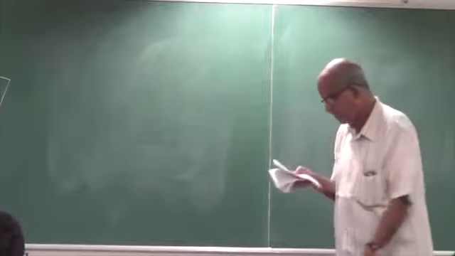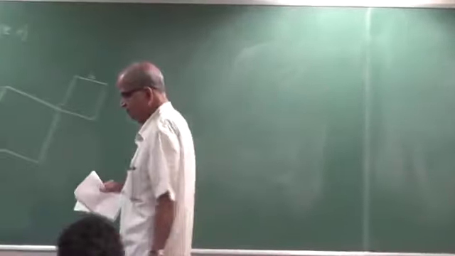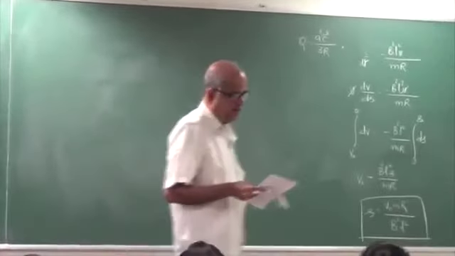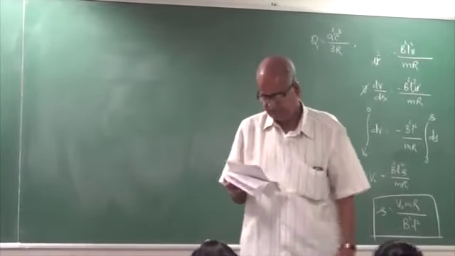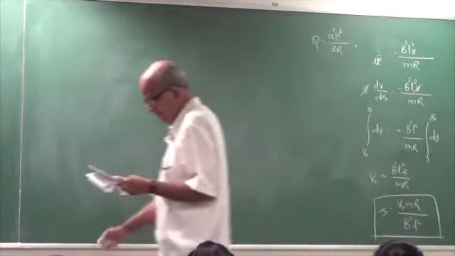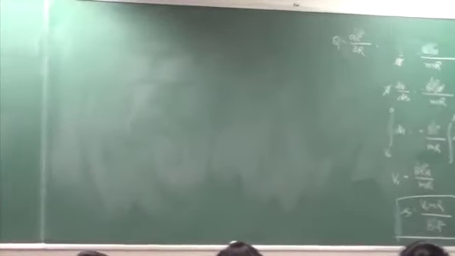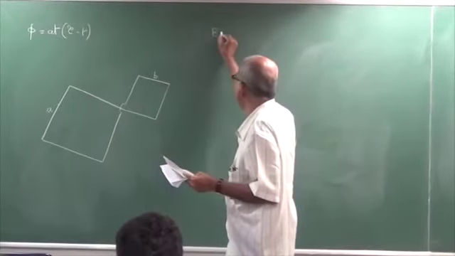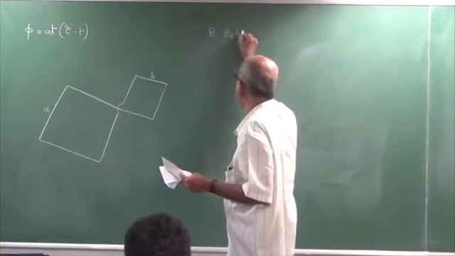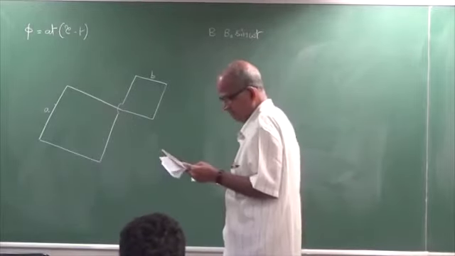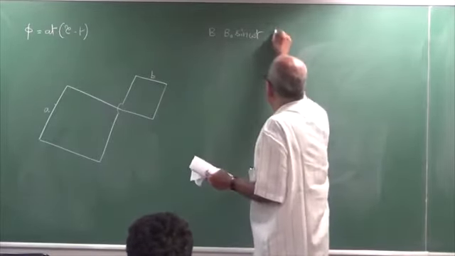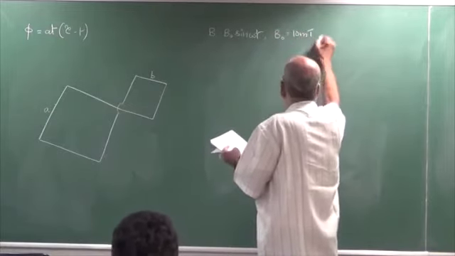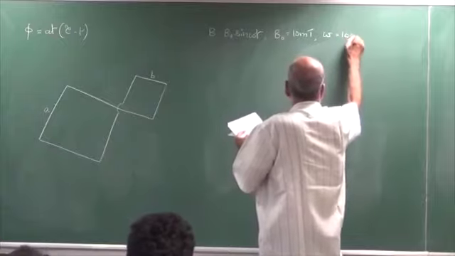It is introduced in a uniform magnetic field at right angles to the plane of the loop. The field varies with time as B equal to B naught sin omega t, where B naught equals 10 millitesla and omega is equal to 100 per second.